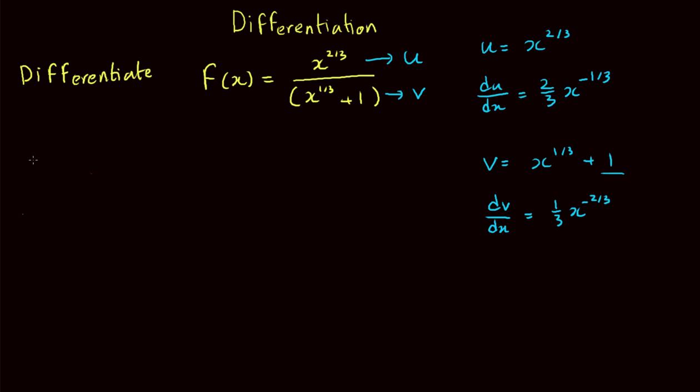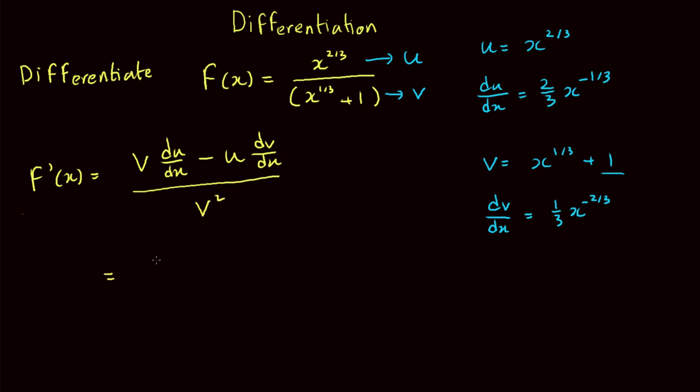The quotient rule states that if we are finding f prime x, it's simply v du dx minus u dv dx, over v squared.